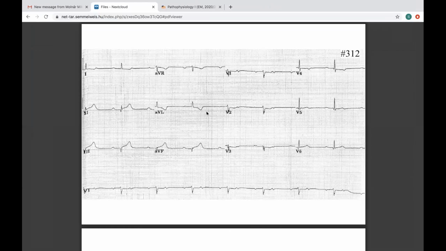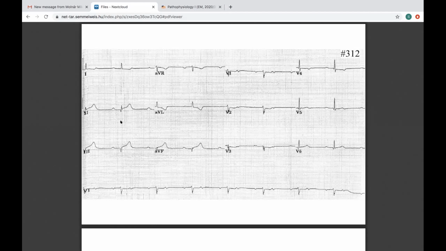It's rhythmic, and the heart rate is 50 beats per minute. The axis: lead one is positive and aVF is negative. And lead 2 is negative. So it's axis deviation. Well, it's about equiphasic in lead 2, but it's fine. Doesn't matter. Okay, left axis deviation.